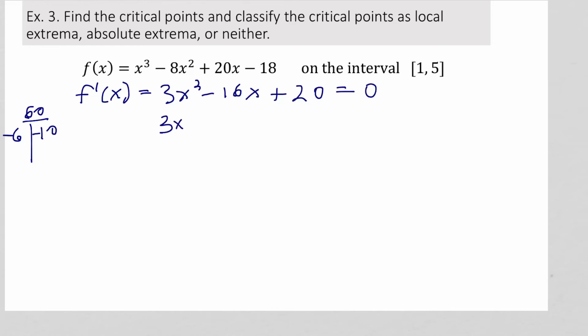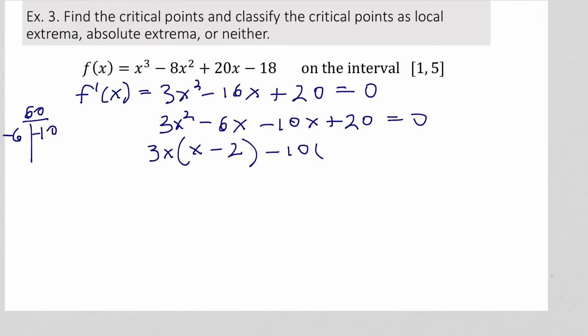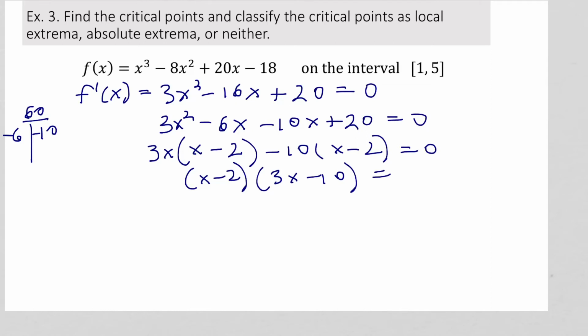So 3x squared minus 6x minus 10x plus 20 equals 0. 3x, x minus 2, 10, x minus 2 equals 0. So (x minus 2)(3x minus 10) equals 0.